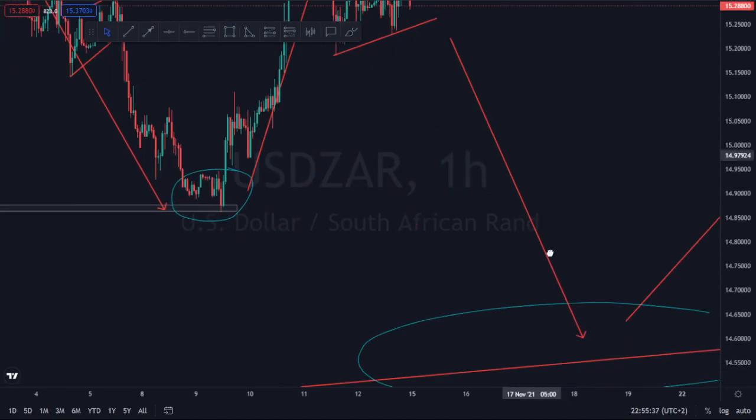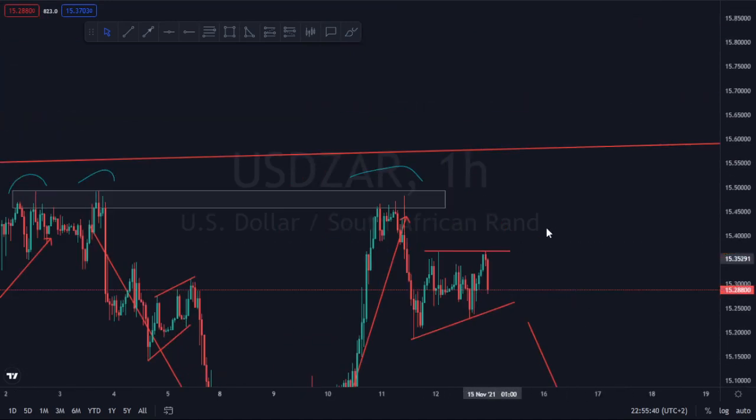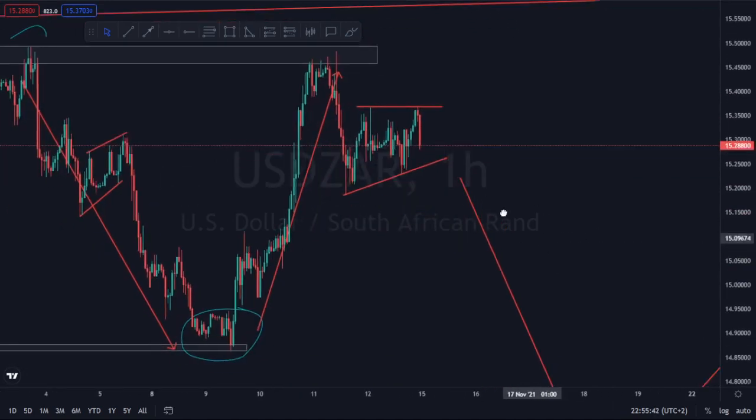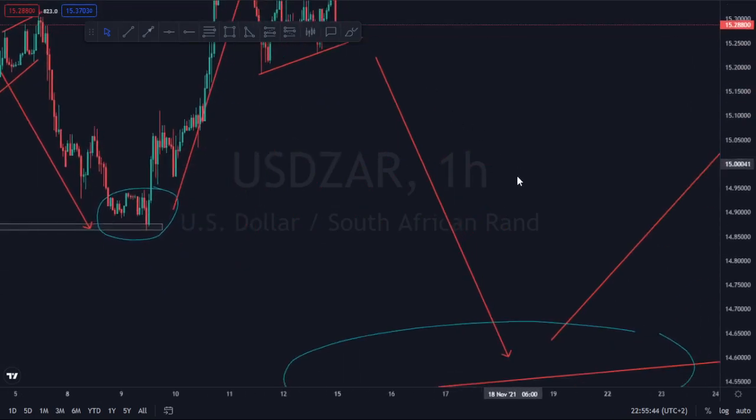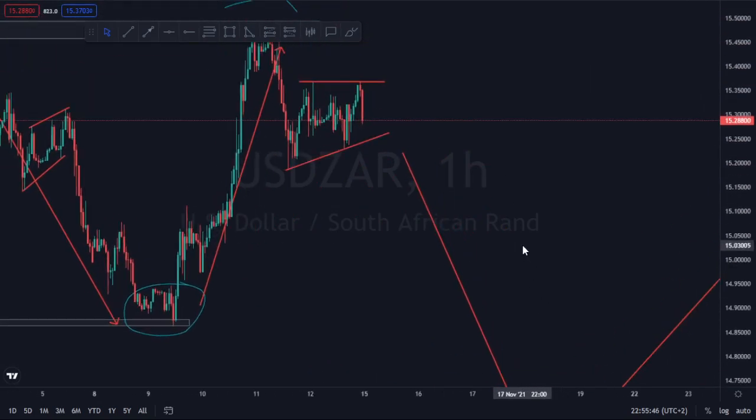So yeah guys, if this does not play out and it decides to do some other things, I'm just gonna watch, look at it, and then I'm not gonna do anything. I'm gonna take a break from trading USDZAR.